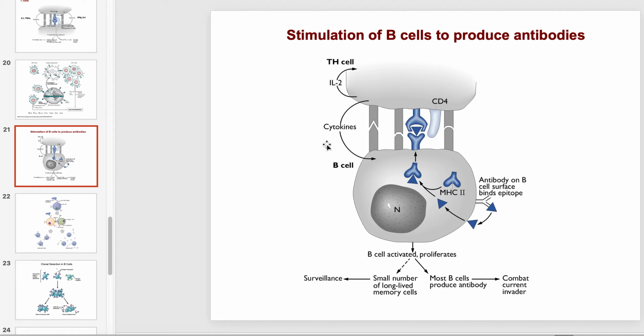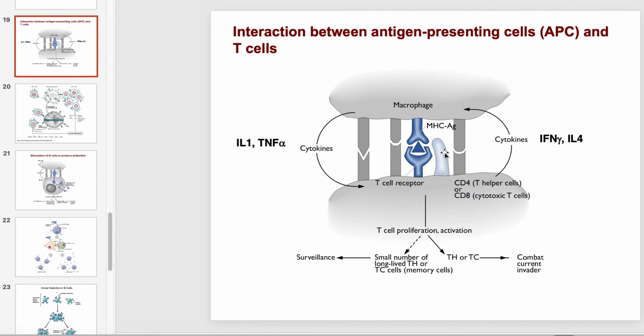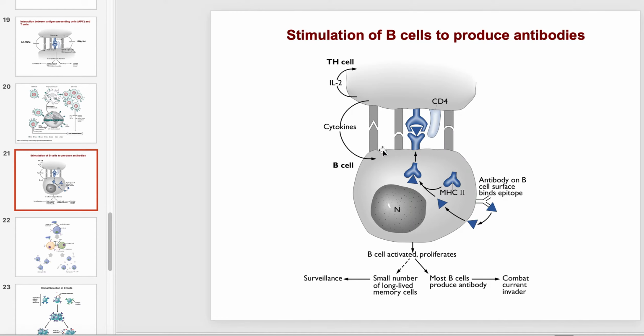This reaction that you see here is similar to what I just showed you here, where the T cell and the antigen-presenting cell or macrophage are interfacing. So again, B cells are also antigen-presenting cells, and that's how they interact with T cells. Once this interaction takes place, these guys communicate with each other through cytokines.